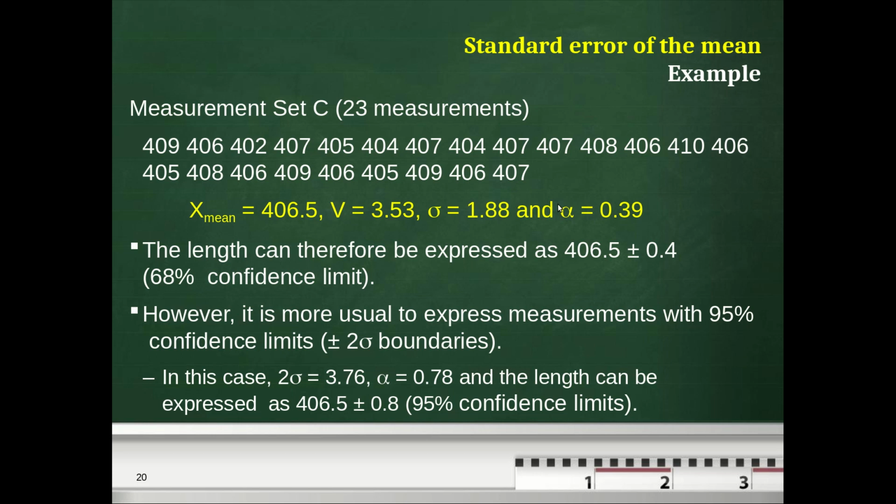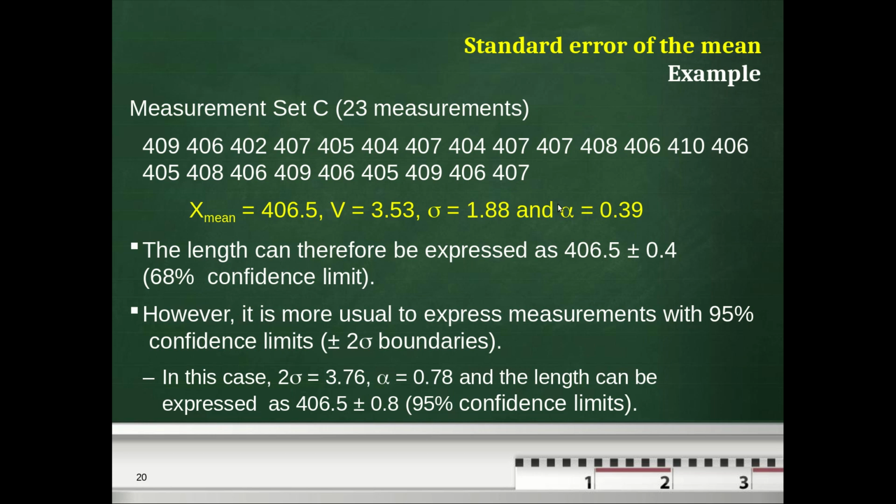Now we have the set C. We can calculate the mean as before, the variance, the value of sigma, and we can use this equation to calculate alpha. So any value, we have it here as the value of the mean plus or minus the value of alpha.